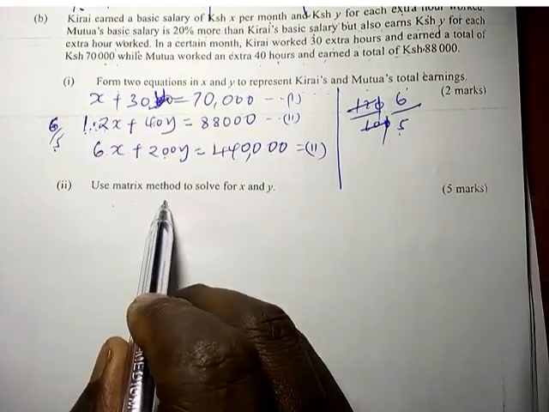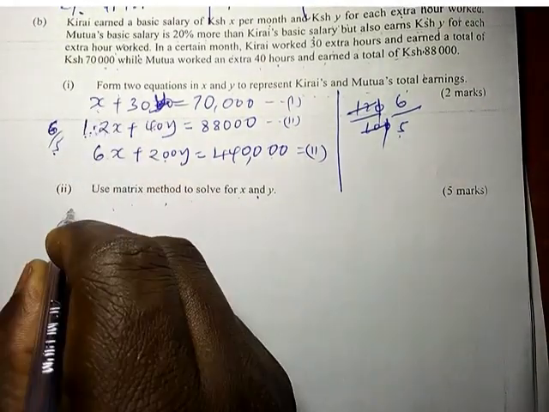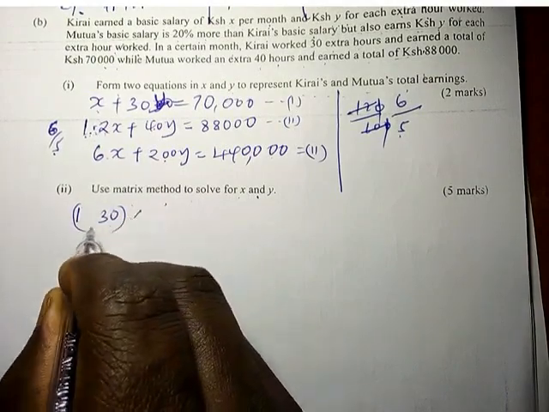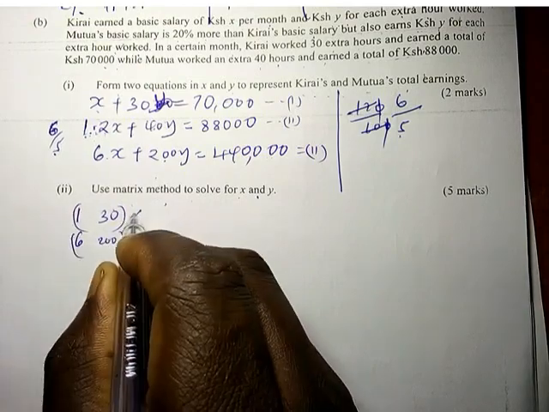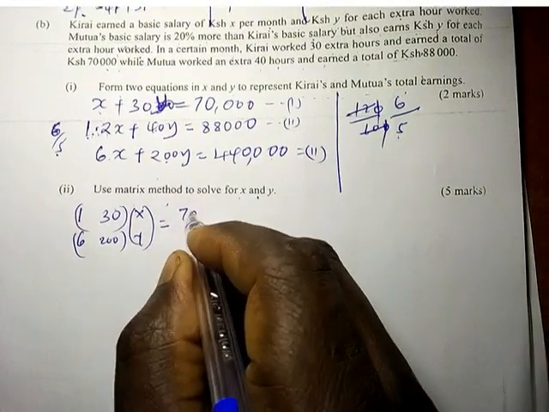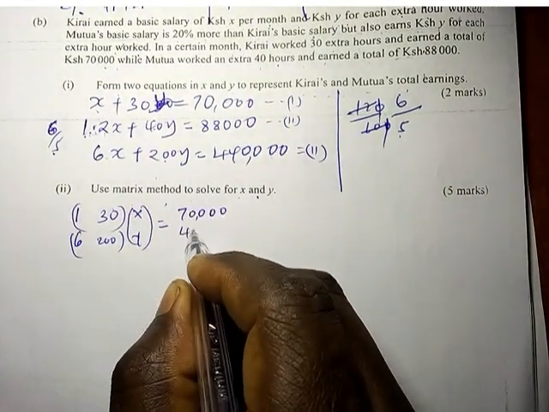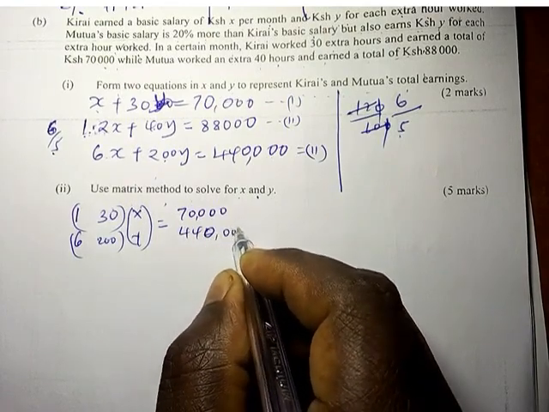Now use the matrix method to solve x and y. So now copy this one. This is 130, and this one is 6, 200, times xy equal to 70,000, and this one is 44,000.